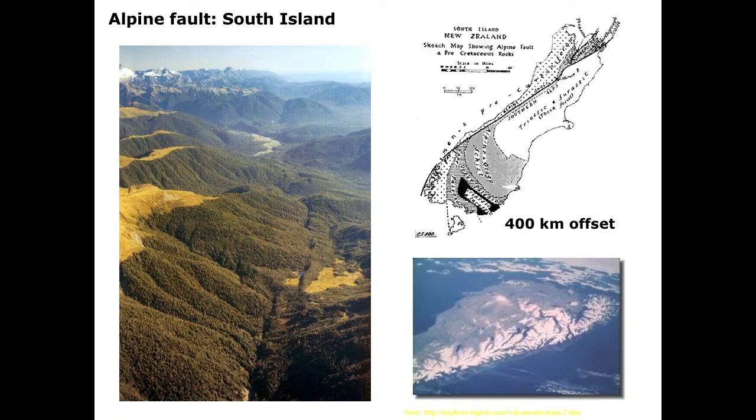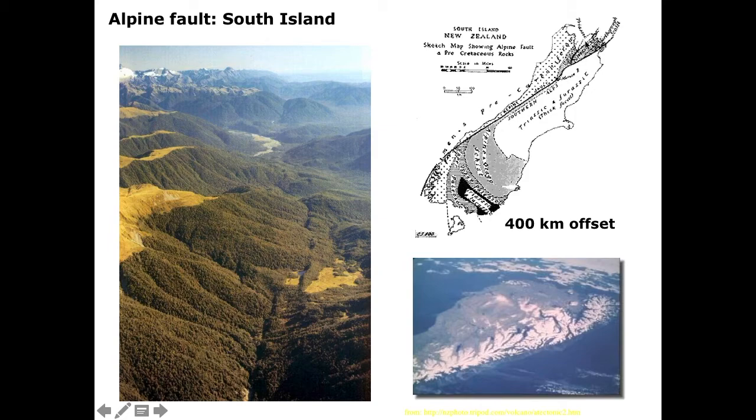Here's an aerial view from the southern Alpine fault, and you can see it really stands out in topography. It seems to be affecting the vegetation cutting through here. And the scale's not really showing up here very well, but these rocks here connect.